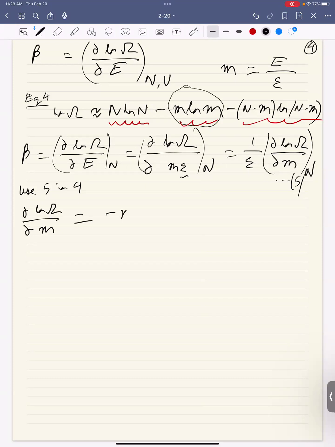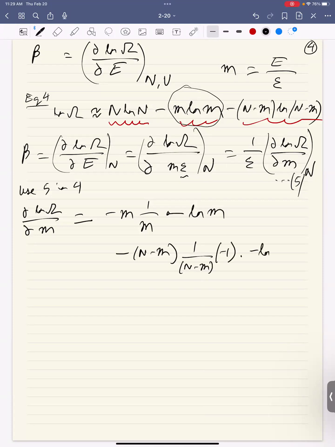So that will be minus m times 1 over m, and it's a product rule, minus ln m, then minus (n minus m) times 1 over (n minus m), but this time we will have a minus 1 sign also.